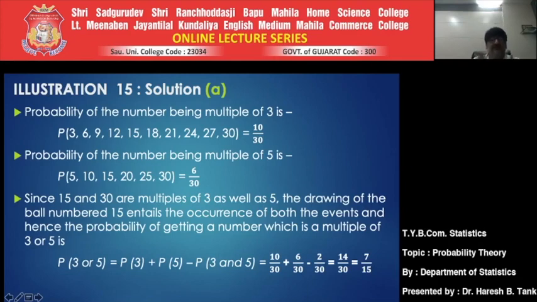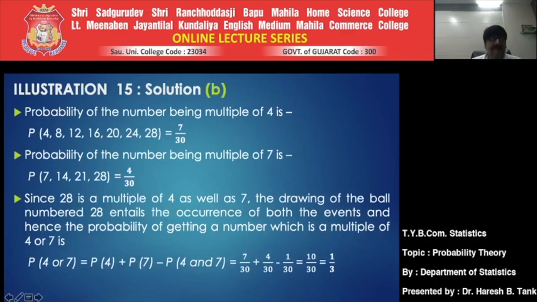Fine enough. So it is 10 by 30 plus 6 by 30. Now 3 and 5, there are two cases, 15 and 30. So it would be 2 upon 30. That part is to be deducted. So 10 by 30 plus 6 by 30 minus 2 by 30. Simplifying it, it comes to 14 by 30, which comes to 7 by 15. Get a numeric value. That will solve the issue.